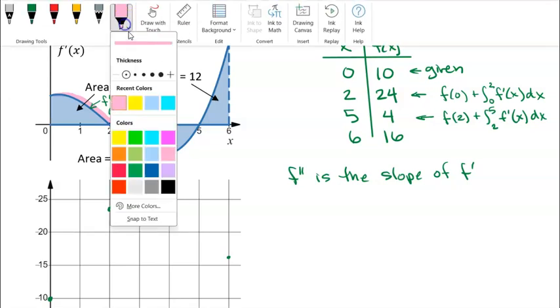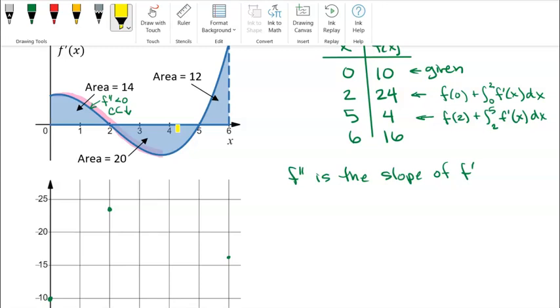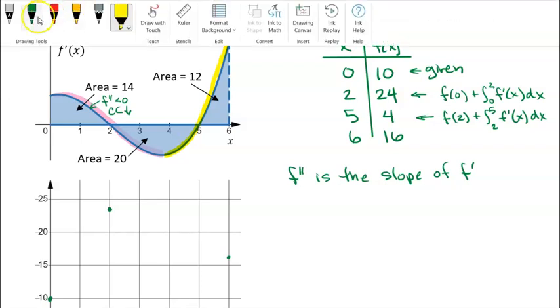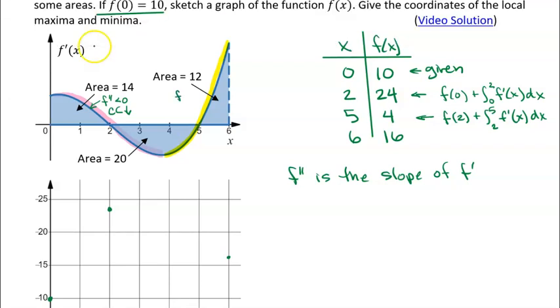then if I look at the next section of the curve, you can see that it's increasing here. So if f prime is increasing, that means f double prime is greater than 0, which means that my original function is concave up. Okay, so I want to make sure I capture that concavity in my graph. So let's do that.